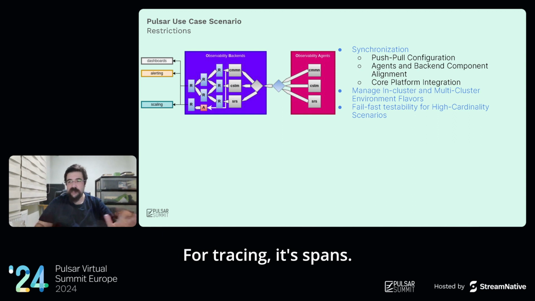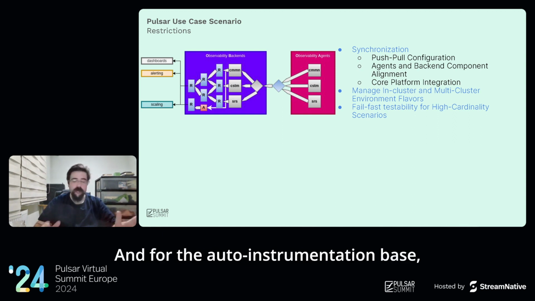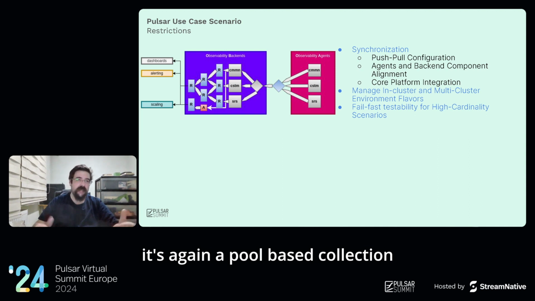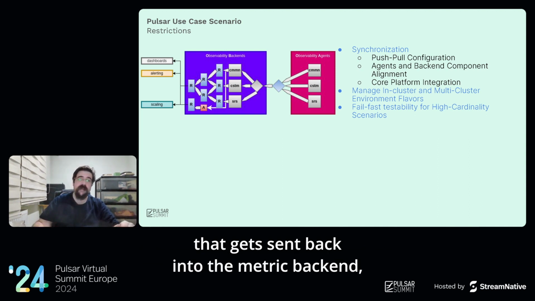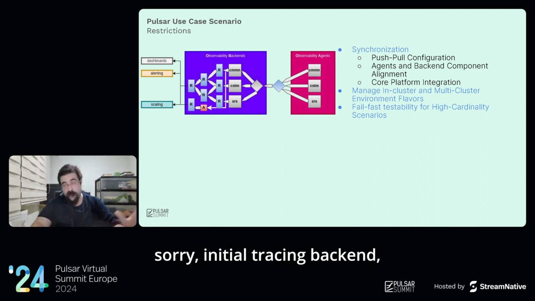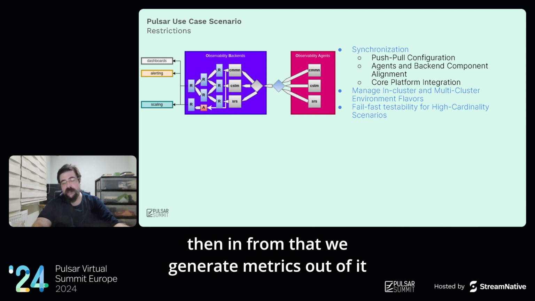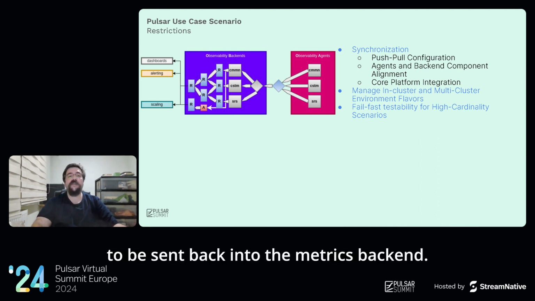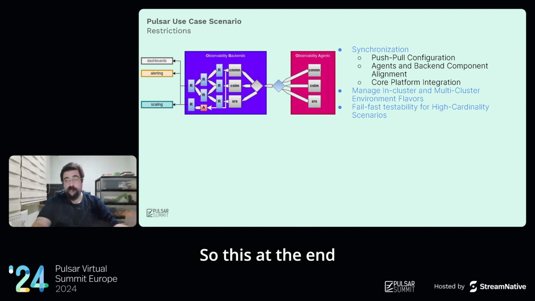For tracing, it's spans, and for auto instrumentation based, it's again a pull-based collection that gets sent back into the tracing backend. Then from that we generate metrics to be sent back into the metrics backend.